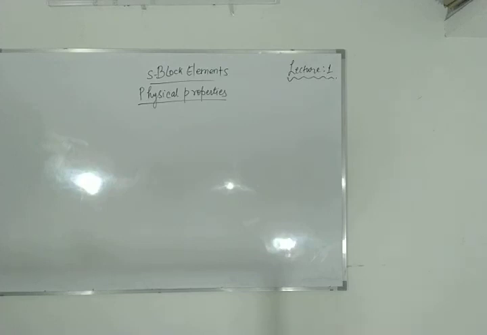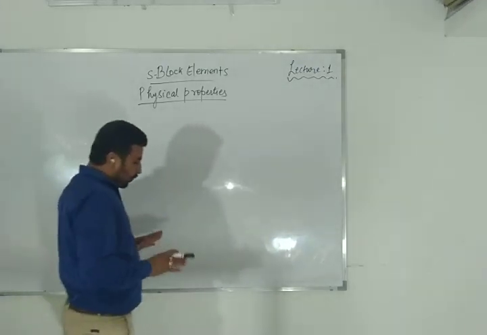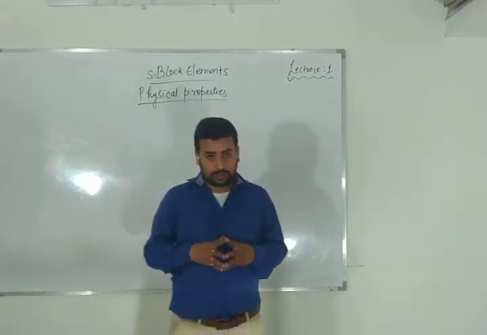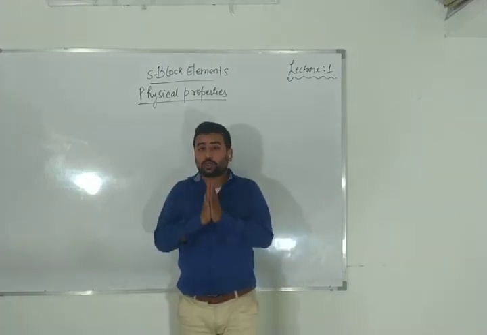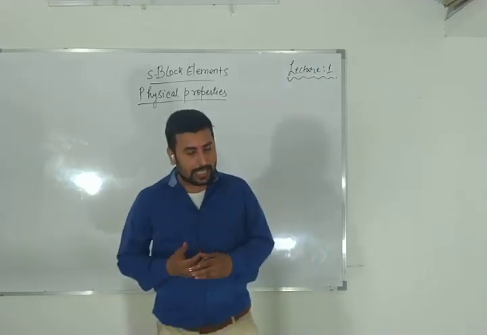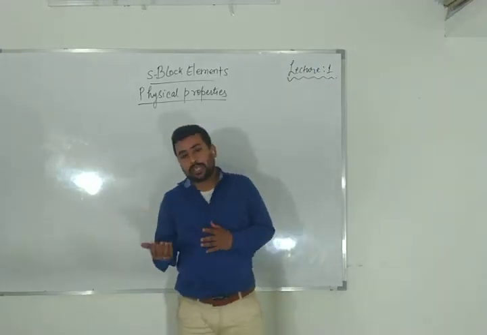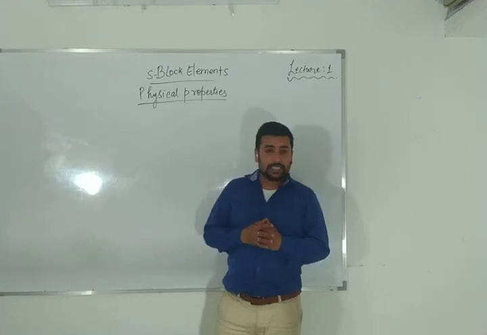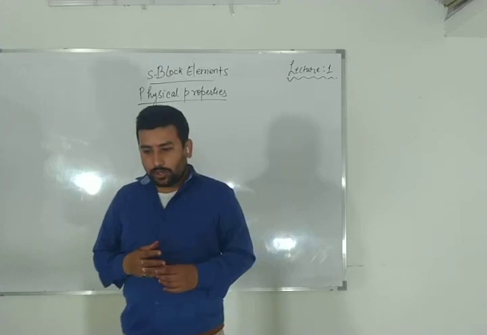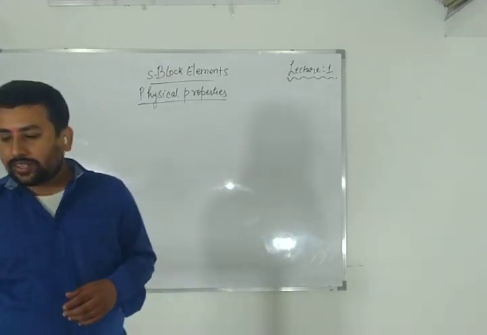So each and everyone just pause for a second and draw that physical properties, chemical properties, and uses. We will discuss in the next video, but you should write about the atomic size, ionic size, electronic configuration, atomic number, atomic mass, density, melting point, boiling point, and the last one, which is more important, that is standard potential and occurrence in lithosphere.